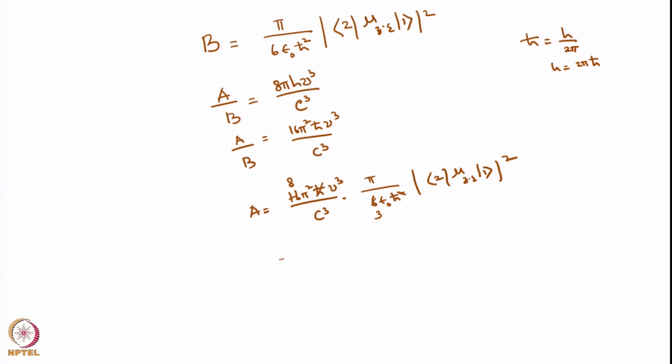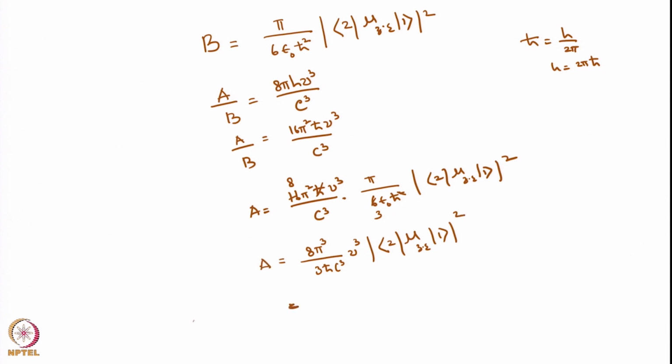So, this will become 8 pi cube by 3 h bar c cube nu cube, 2 mu z square. So, your A is given by this and B is given by this.